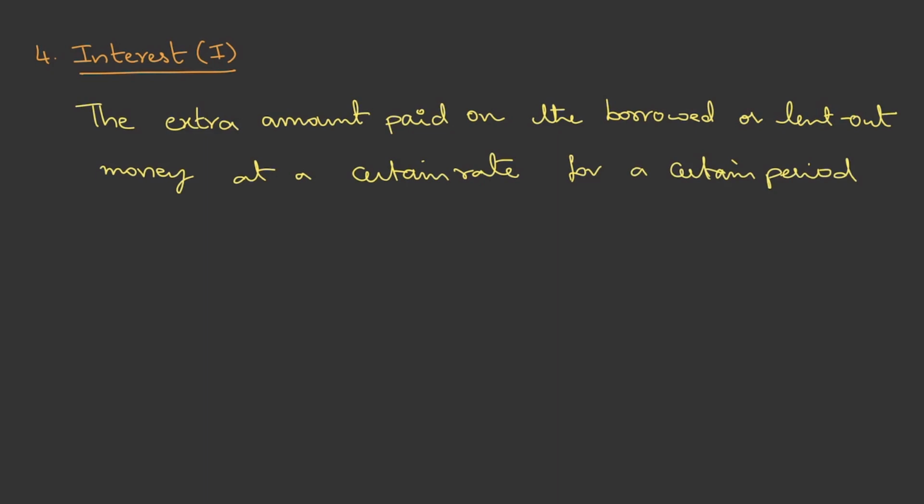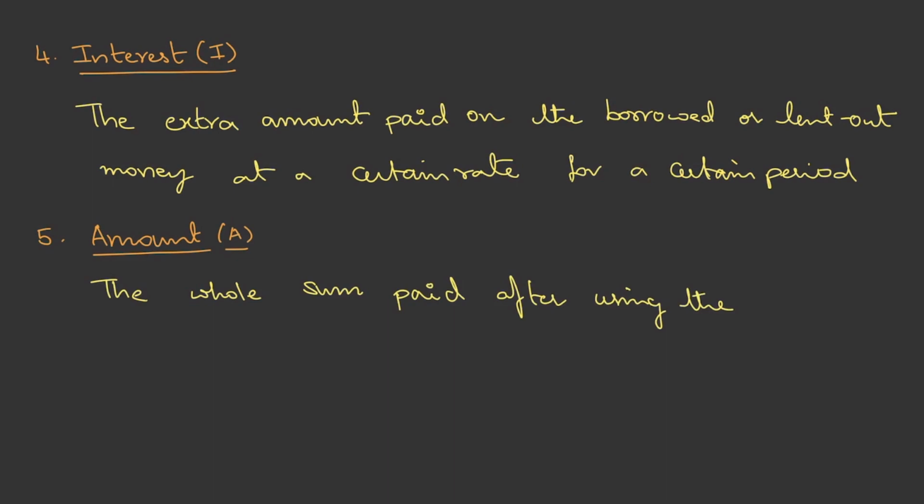And the last term is amount. It is the whole sum paid after using the money. We can think of amount as the sum of principal and interest.